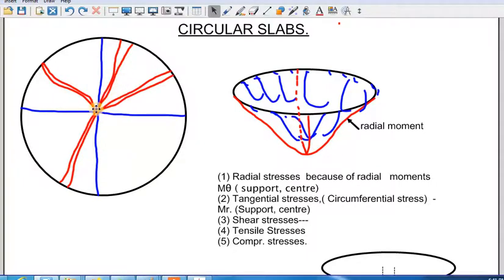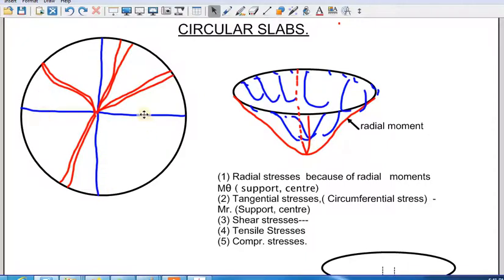Another case is that, because of the circular shape and the tank being full of water, because of the water pressure which the wall is subjected to, circumferential stresses will develop, which will try to crack it. These red color lines are the cracks because of the circumferential stresses. It will try to pull it apart also. So there are mainly two types of stresses.